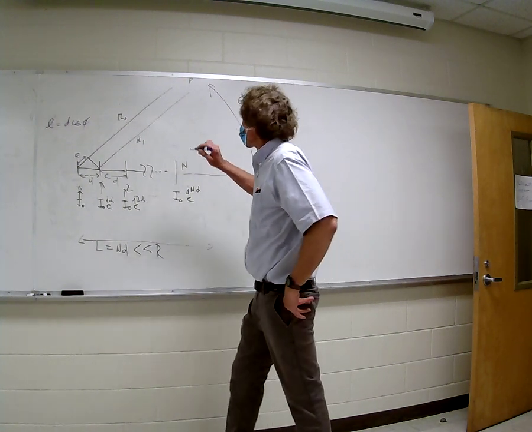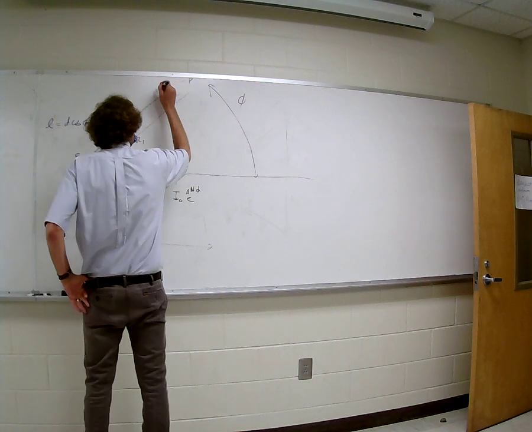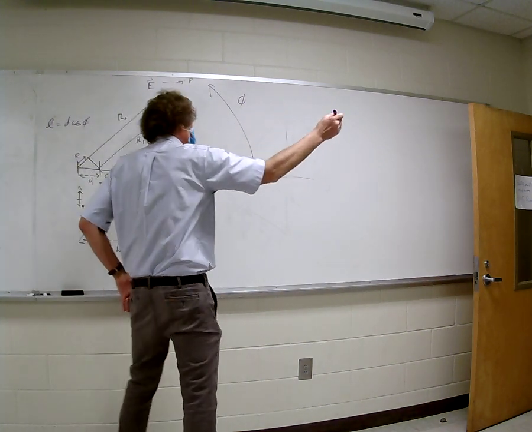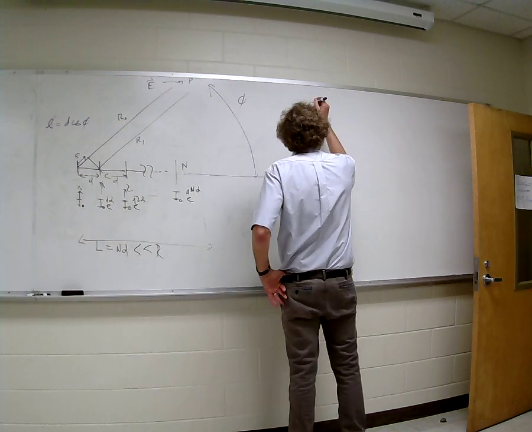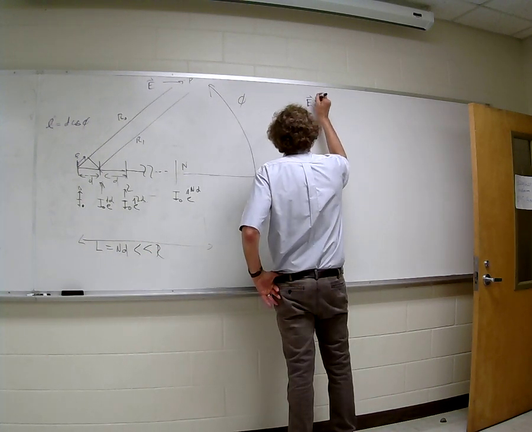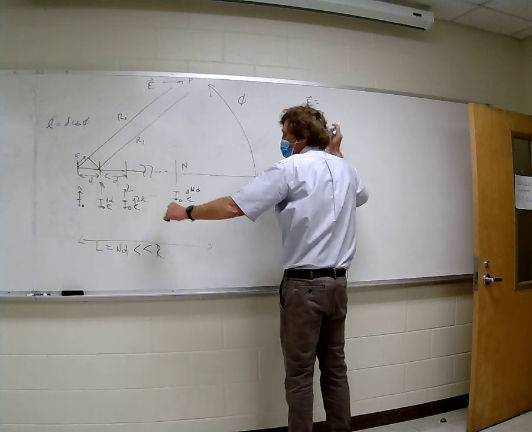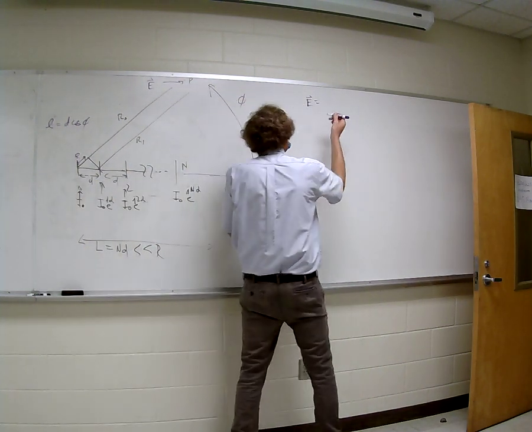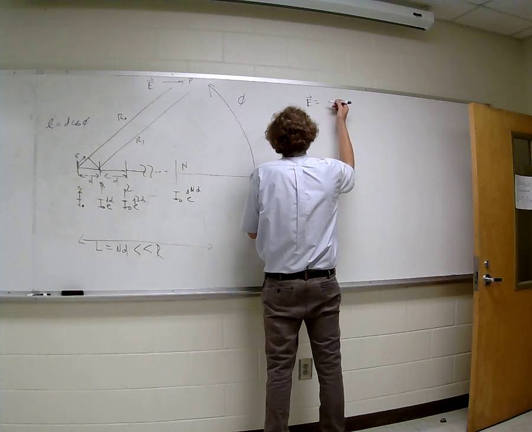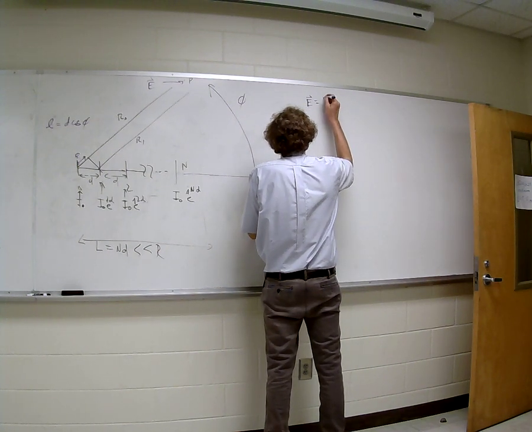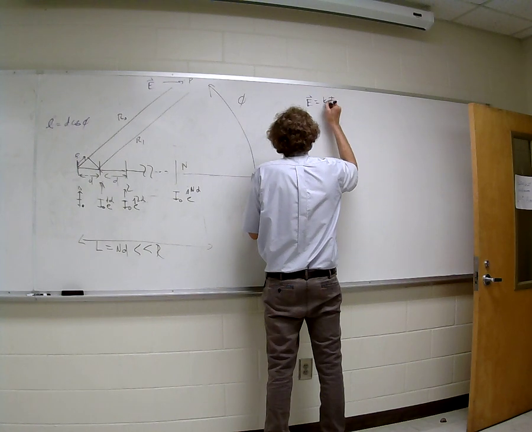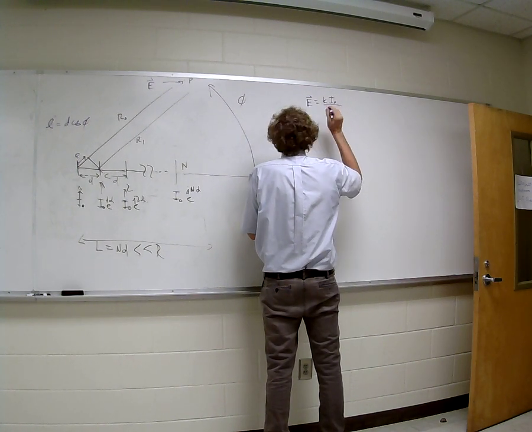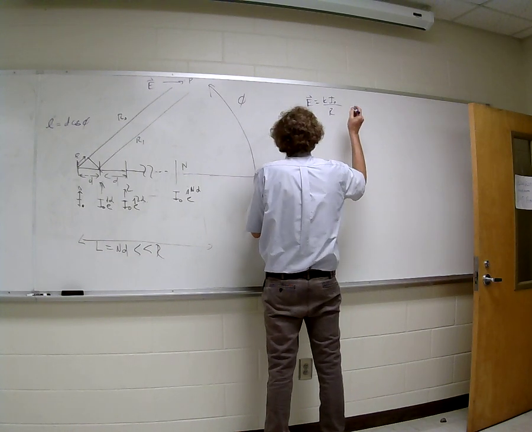Now, what I'm going to do out here is get this value of E. That's my job. So I'm going to say up here that E, from this first antenna right here, the 0th antenna, is going to be K times the current I naught over R. This is an isotropic radiator, we're making this as easy as possible.